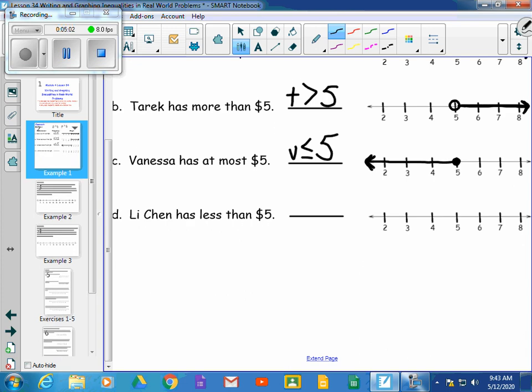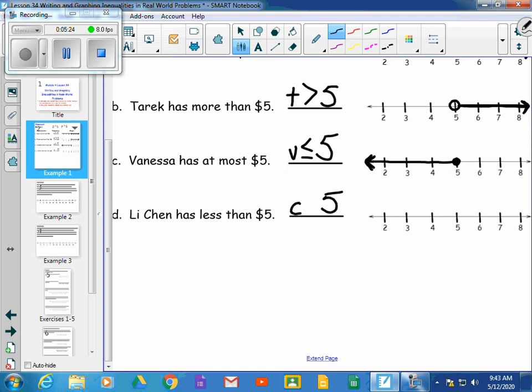Finally, we have Li Chen has less than 5. I'm going to use a C to represent how much money he has, and a 5. Is 5 less than 5? No. Is 4 less than 5? Yes. Is 6 less than 5?